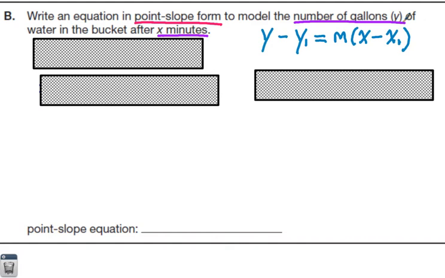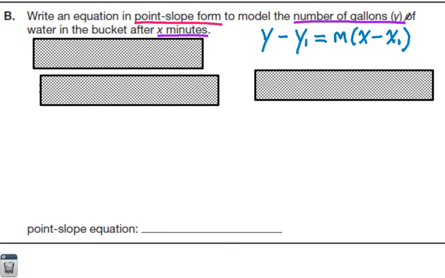It's the number of gallons left in the bucket. So it's important to recognize the distinction that our y variable is going to represent the number of gallons remaining in the bucket after x number of minutes.